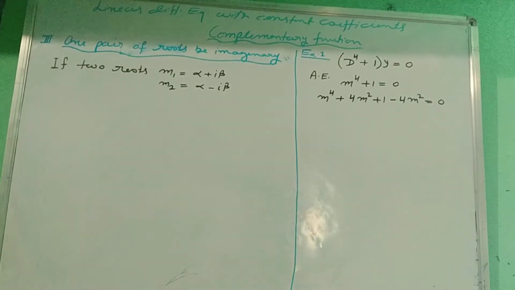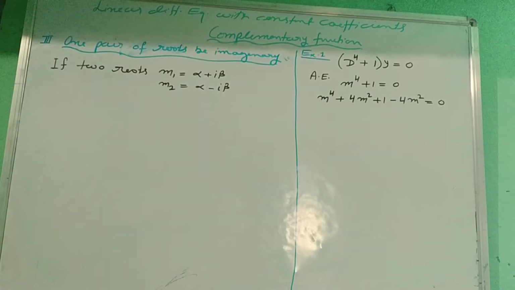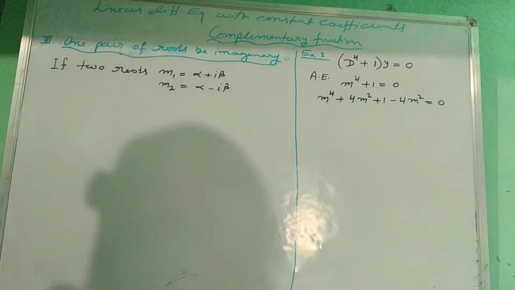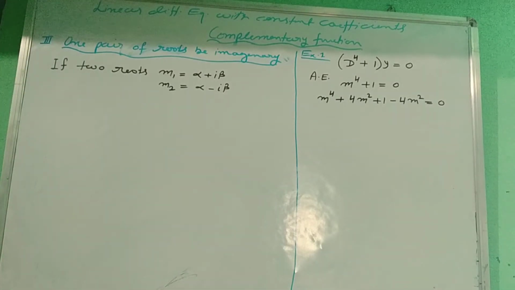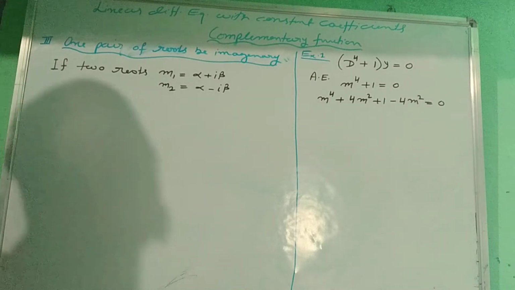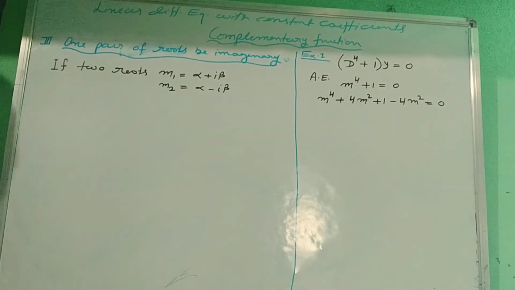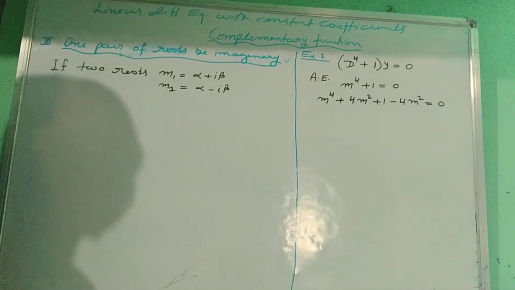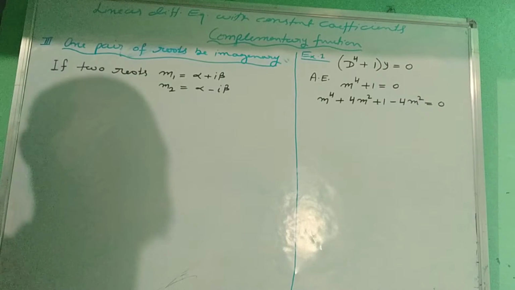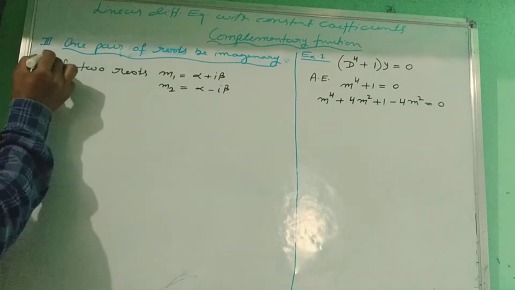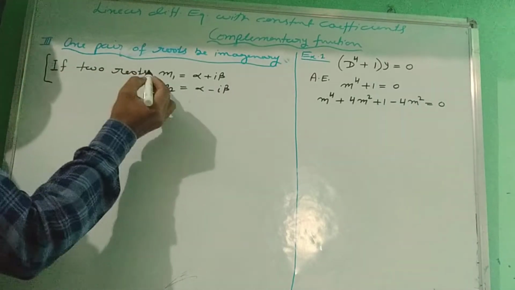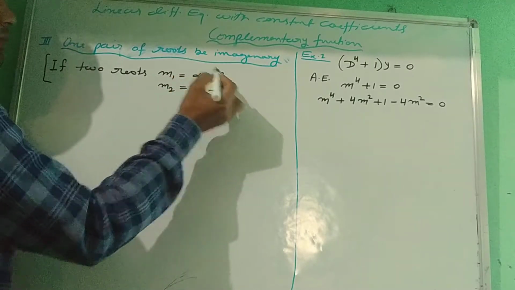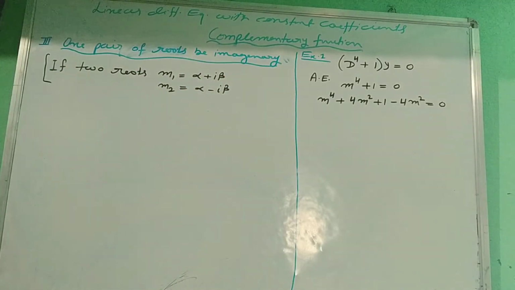Today we will learn about the complementary function for the imaginary roots of a linear differential equation with constant coefficients. First, suppose that for a differential equation we have one pair of imaginary roots, m1 equal to alpha plus iota beta and m2 equal to alpha minus iota beta.